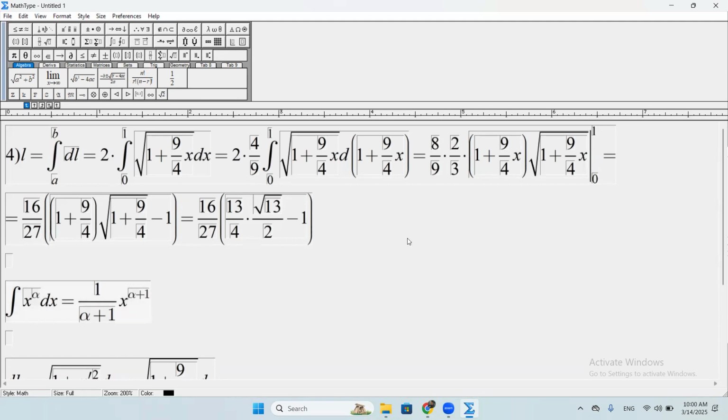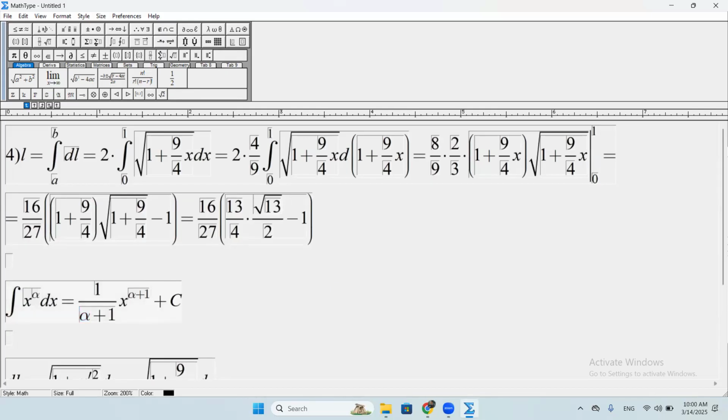For this case, alpha was 1 over 2, so we increased it and it is equal to 3 over 2, and we divide by it. So that's why 2 over 3. So I answered your question, right?